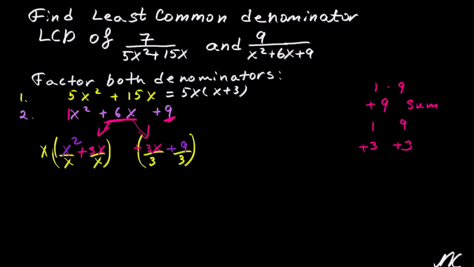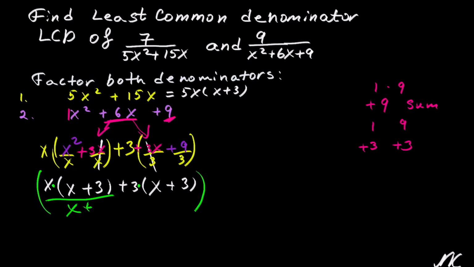And whatever goes into the denominator goes on the outside. 3 was positive, so we have plus 3. And we get x times: x squared divided by x, we get an x, plus 3x divided by x, and we get a 3, plus 3 times: 3x divided by 3, we get an x, plus 9 divided by 3 is 3. We can factor out the common factor of x plus 3 from here.